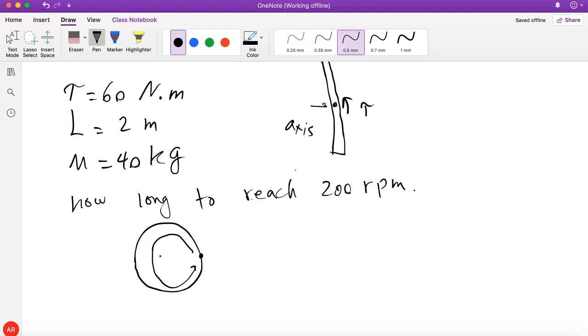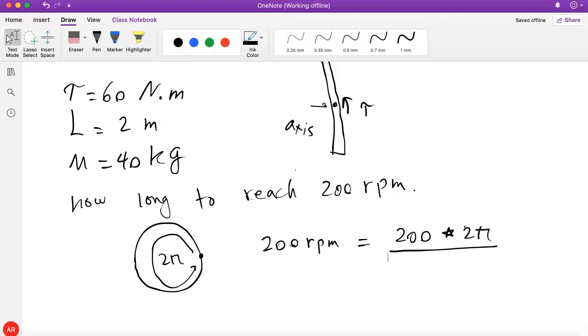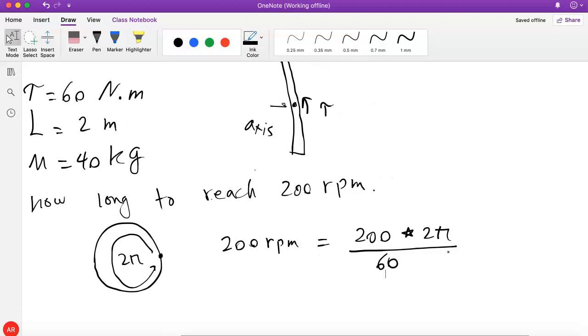So 200 RPM is equal to 200 times 2 pi, that's the angle covered in radians, per 60 seconds, right? If you cover that angle in 1 minute, that's covered in 60 seconds. So if you divide it by 60, we find radians per second.